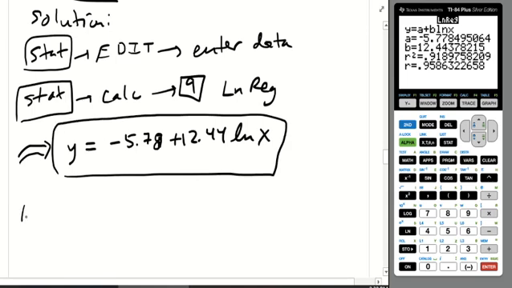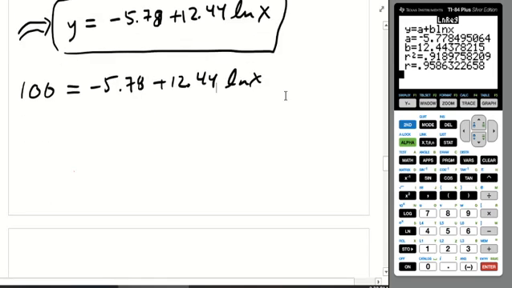But the second part says, when will the number of patients be 100? And to do that, we need to solve a logarithmic equation. And just like before, first we need to isolate. But now we need to isolate the log. So to do that, I'm going to add 5.78 to both sides, and then divide by 12.44.